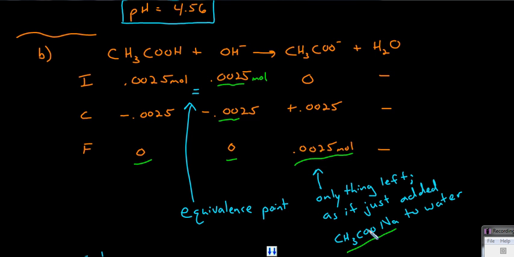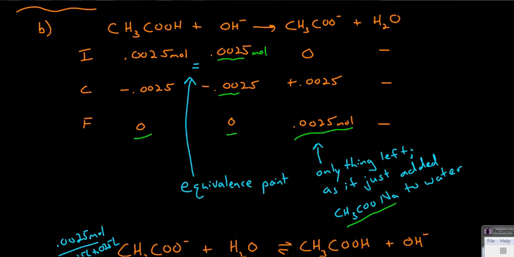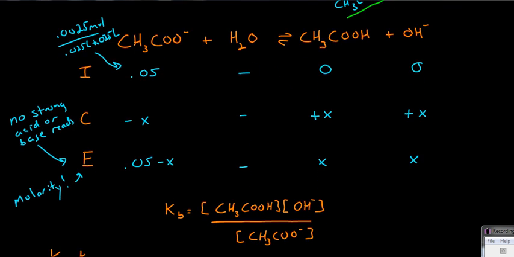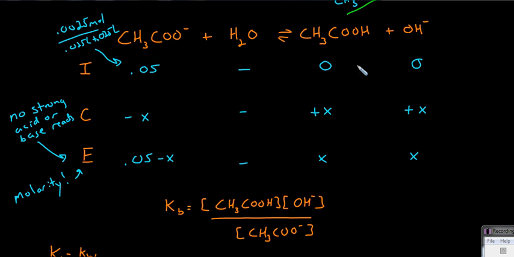Now, having just sodium acetate, having just this basic salt present, you should expect to have a basic solution. What will be the pH of this now basic solution? Well, you've got the acetate, but you should treat this now like an ICE table, not an ICF table, being that we're not adding a strong acid or base here.